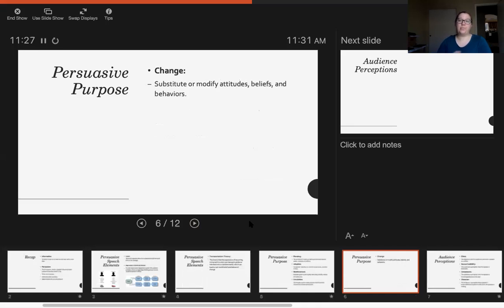And lastly, there's change. Your goal of persuasive speaking, maybe you want to change somebody's attitude or belief or behavior. Again, they're very similar to adoption, where this one is more so, you have an existing belief, let's change it a little bit.